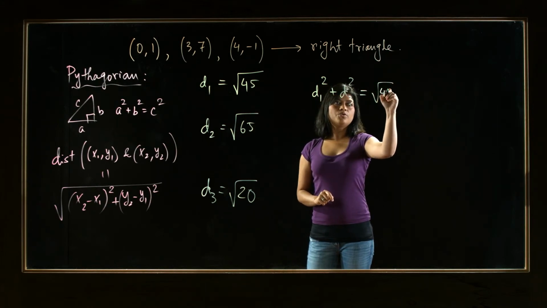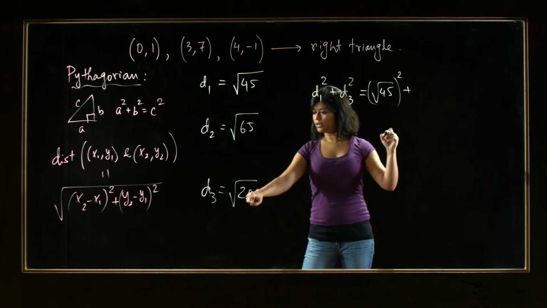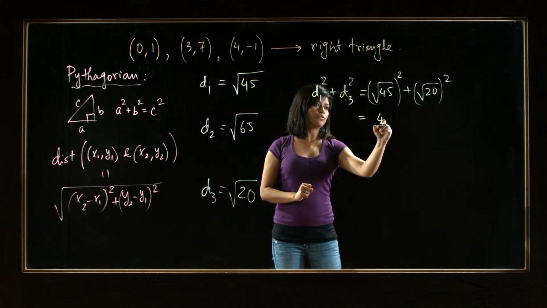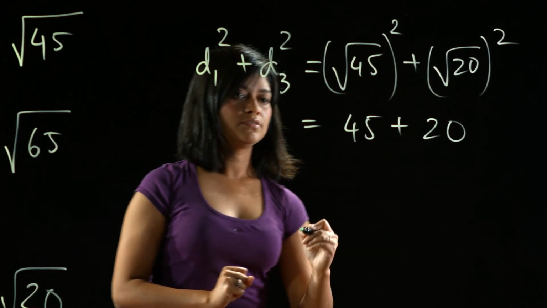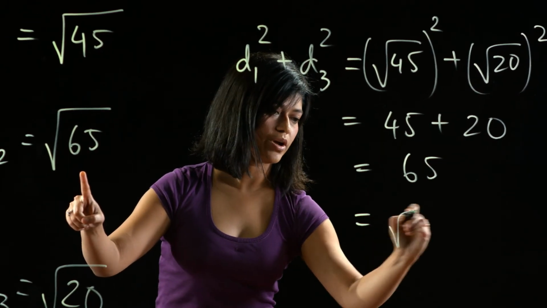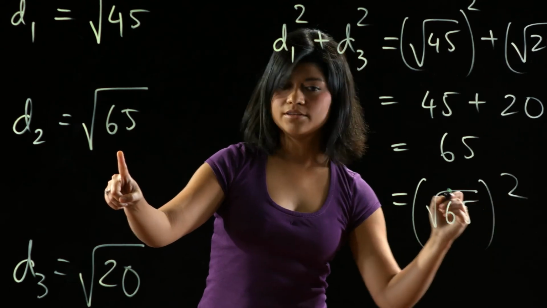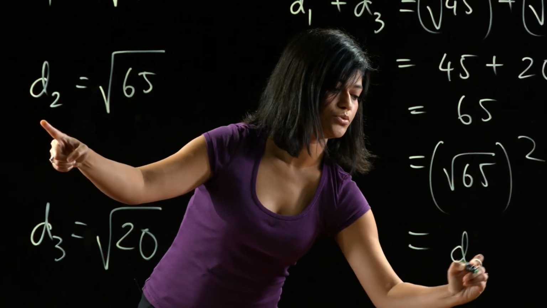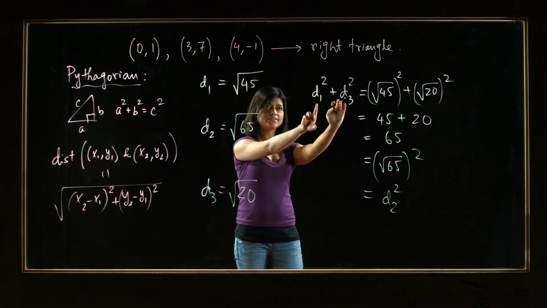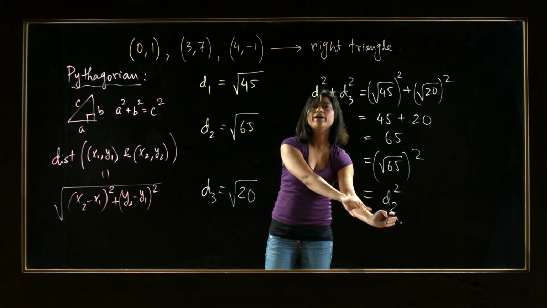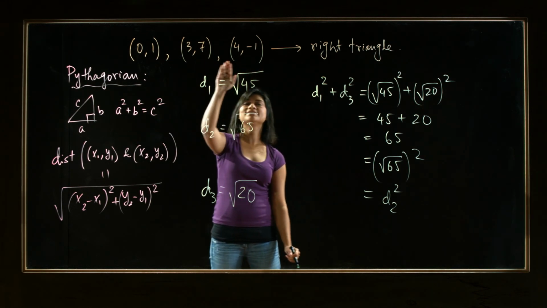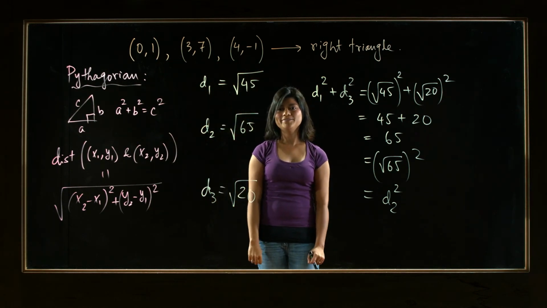This is the square root of 45 squared plus the square root of 20 squared, so this is 45 plus 20, and the total is 65, which is the square root of 65 squared. Therefore, this is D2 squared. So the sum of the squares of 2 sides, D1 and D3, is equal to the square of the third side, D2. And hence, using the Pythagorean theorem, we can say that these 3 points will form a right triangle. Thank you.